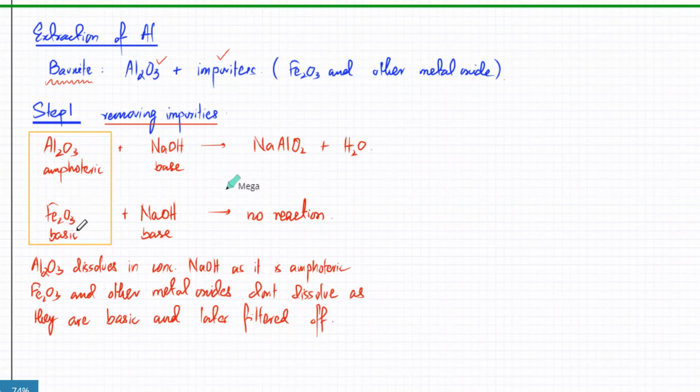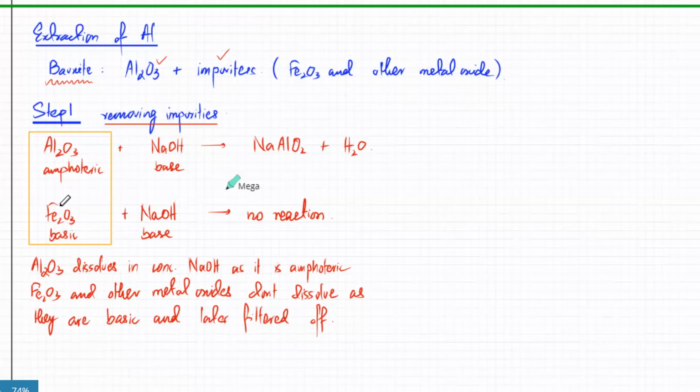One of them is amphoteric, the other one is basic. When you dissolve it in NaOH, Al2O3 dissolves because it's amphoteric. It can react with acids and bases both. Fe2O3 is basic. It's not going to dissolve in another base because bases don't react with other bases. So Al2O3 dissolves in concentrated NaOH as it is amphoteric. Fe2O3 and other metal oxides don't dissolve as they're basic and they're later filtered off.